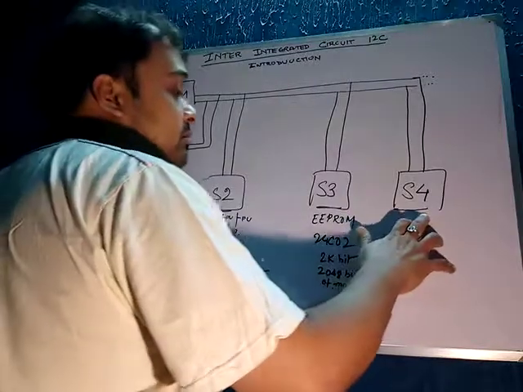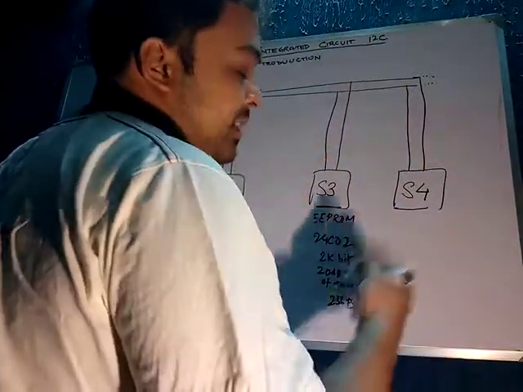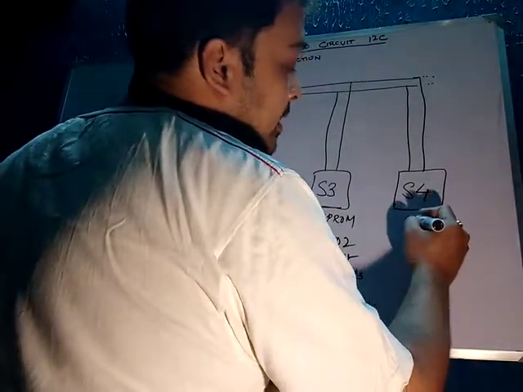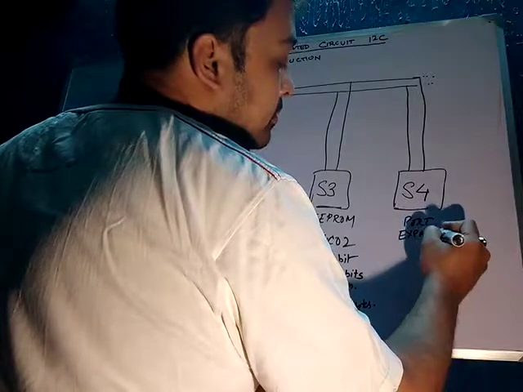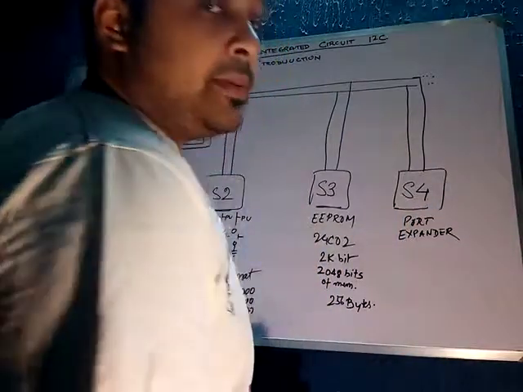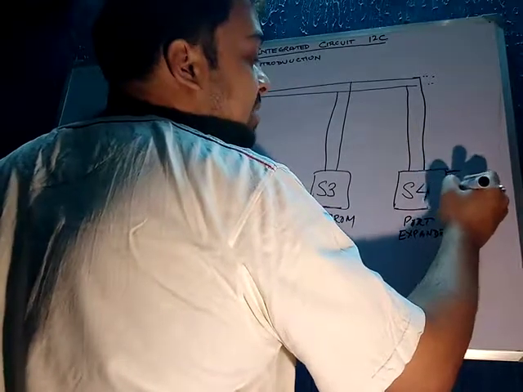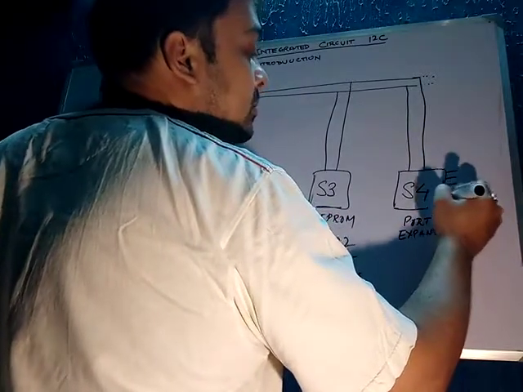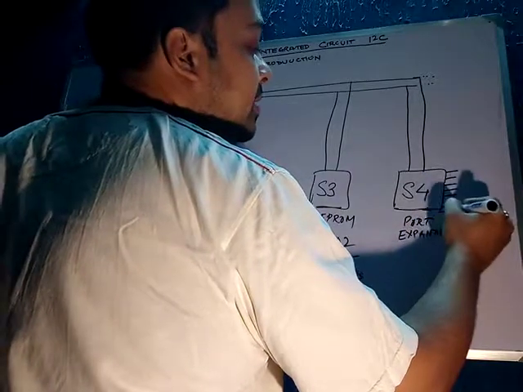Now this one is interesting. This is something that I call a port expander. What is a port expander? A port expander is nothing but you will have 8 pins over here: 1, 2, 3, 4, 5, 6, 7, 8, right?